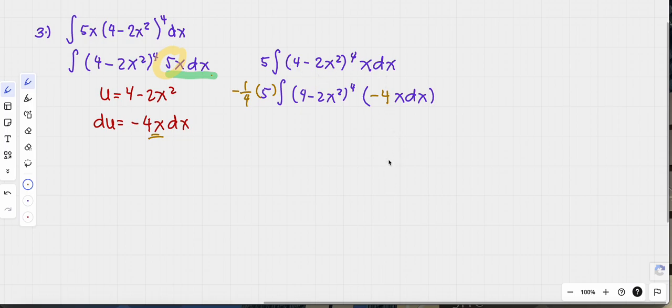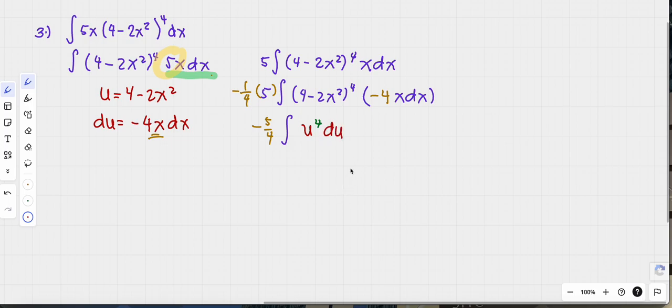Okay, this time, let's now apply the substitution. So this will now become negative 5/4. And then, since you already know your u, this will be times the integral of u raised to the fourth power du.